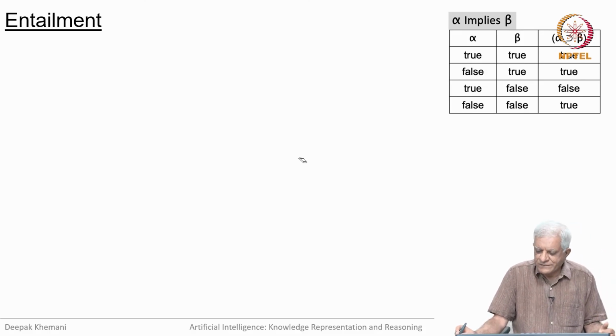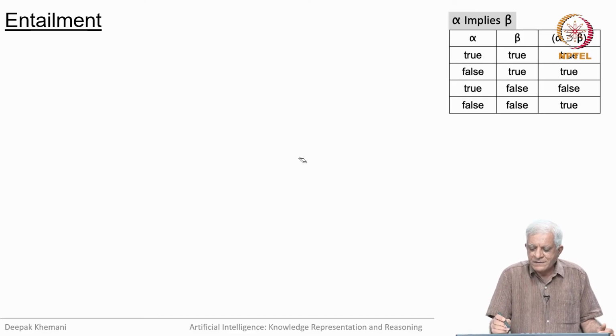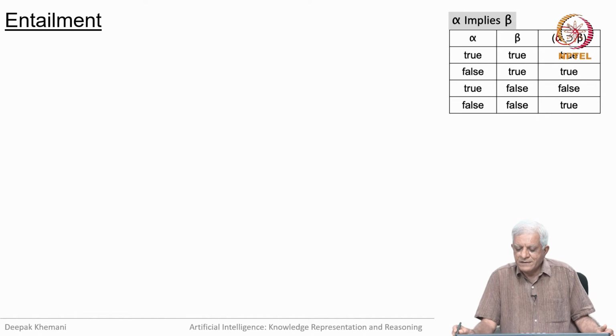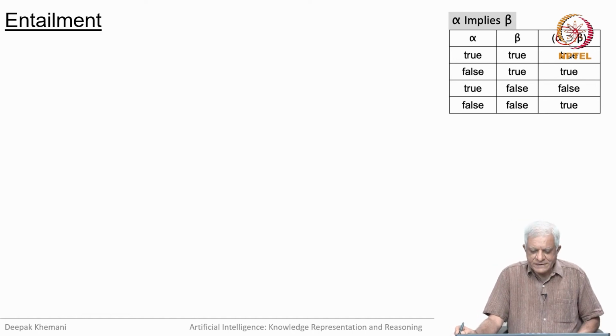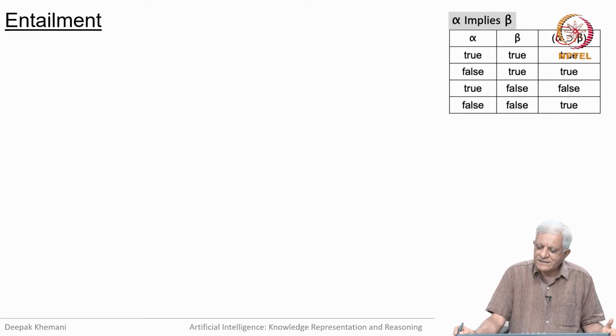We are given the truth table of alpha implies beta, which is the symbol that we have been using here. Let us say we are given the sentence alpha implies beta as an input in our knowledge base.